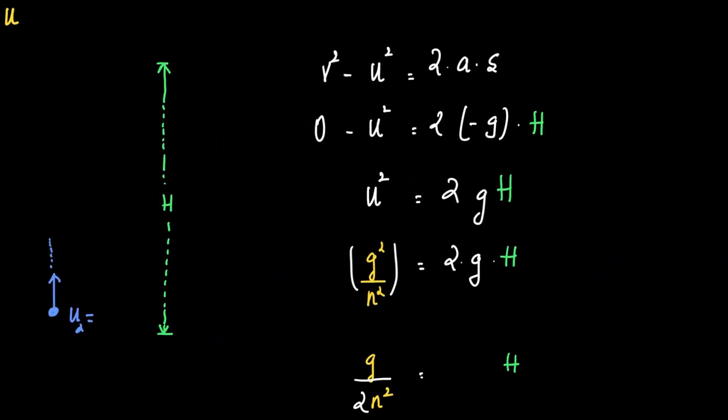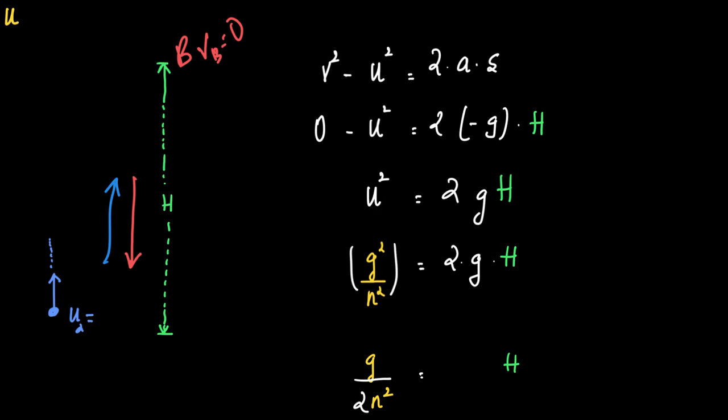Now, for this motion, V squared minus U squared is 2AS. What is S? We just said that it is h. A is minus G. Why? Because velocity is acting upwards, and acceleration due to gravity is causing a retardation effect. V squared is 0, because at the maximum height the velocity is momentarily 0. So 0 minus U squared is minus 2gh.